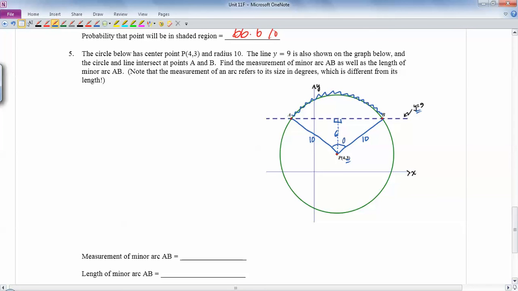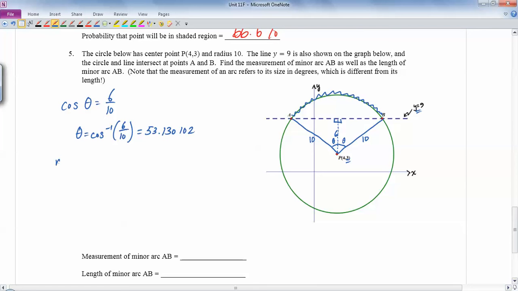angle is. So if I call each side theta, then I can double theta to get my angle, to get my arc measurement. So let's solve for theta. Let's see, 6 is adjacent, 10 is hypotenuse. So if I do cos theta equals 6 over 10, then theta is going to be cos inverse, which ends up being 53.130102.